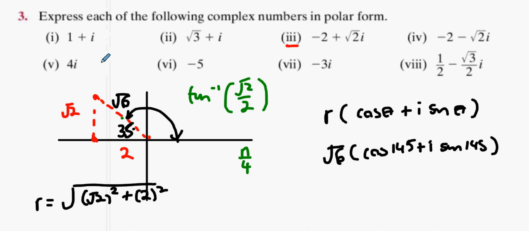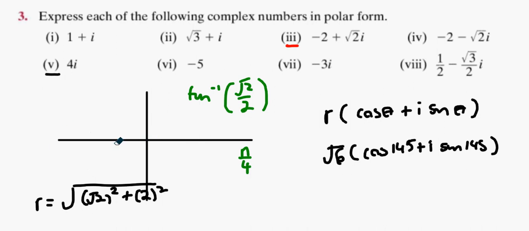Is there another part of question 3 you want done? I think somebody said 3 part 5 or 3 part 6, I can't remember. 3 part 5, yeah, perfect. Right, 3 part 5. Now, in 3 part 5, Connell, it's 4i, isn't it? Now, where's 4i located? 4 straight up, isn't it?